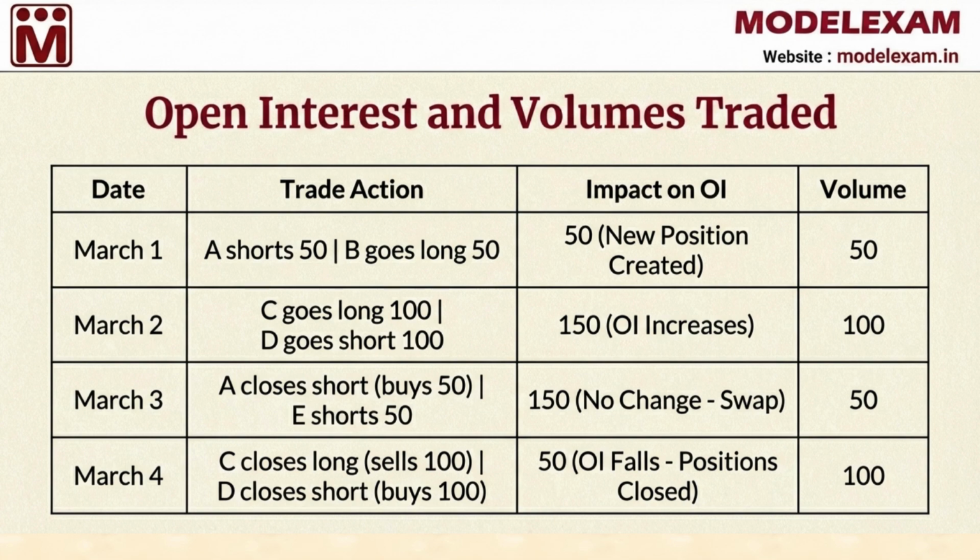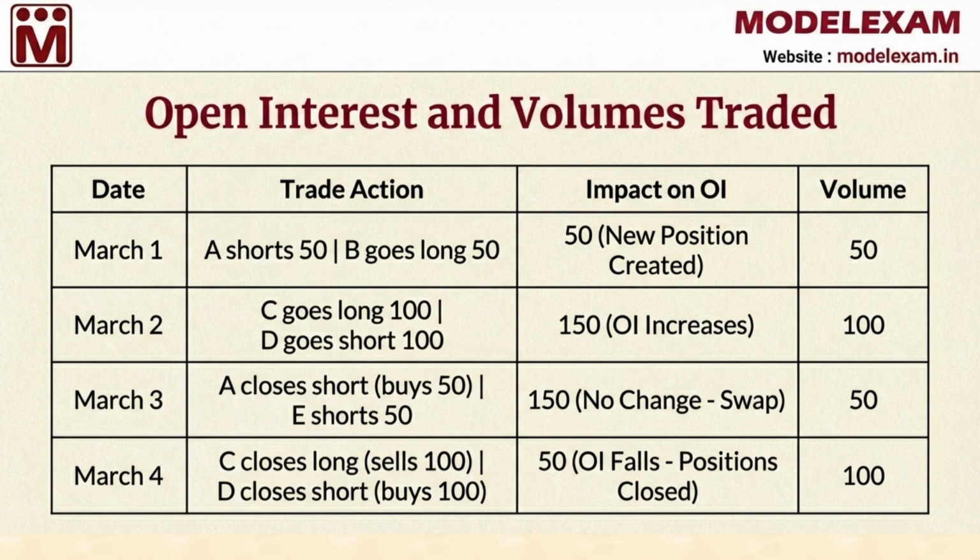To see the difference in action, let us follow a few days in March. On March 1st, when person A sells and person B buys 50 contracts, both the volume and open interest are 50. On March 2nd, two new people trade 100 contracts. So volume for the day is 100 and open interest rises to 150.